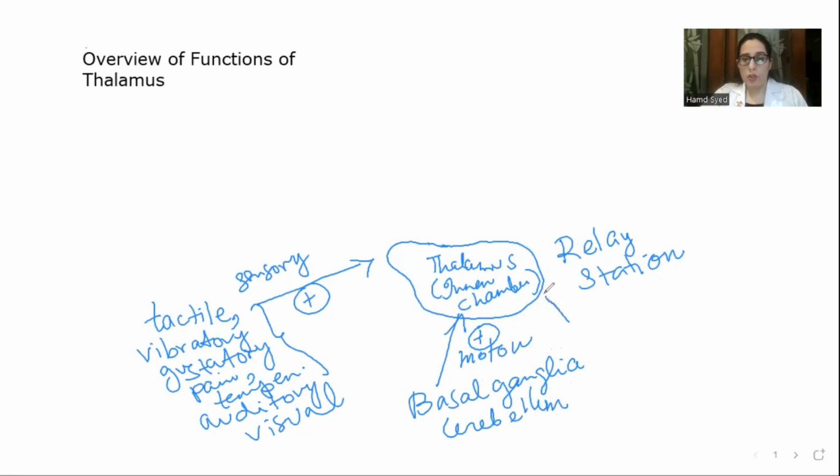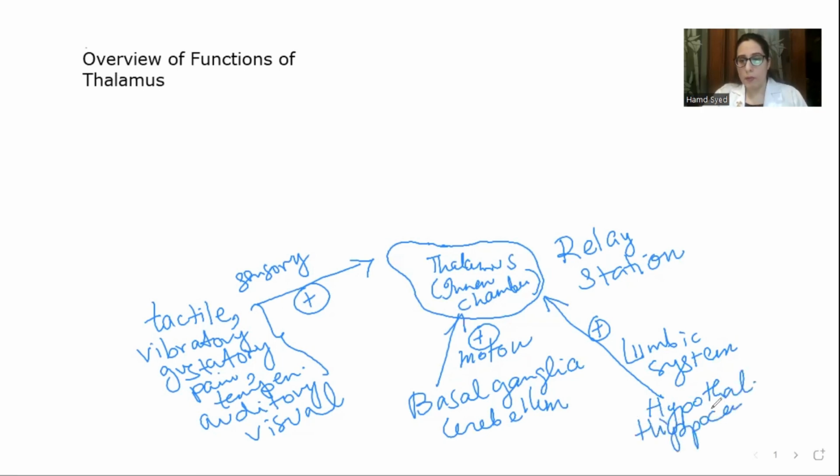Then the information which is entering the thalamus is also the information which is going to enter from our limbic system. The limbic system consists of different structures, notably the hypothalamus, the hippocampus, and also the amygdala are some of the structures which are going to bring information to the thalamus.